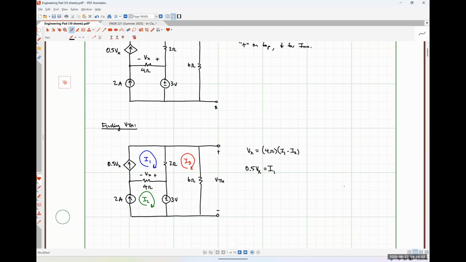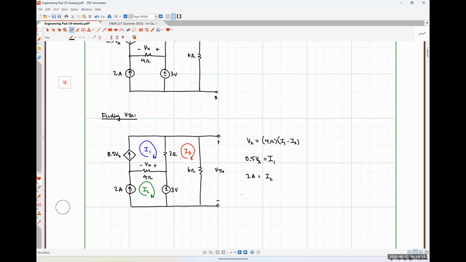Then I'll have 2 amps is equal to I2. And then lastly, I'll write a KVL equation around mesh 3. So that's going to look like negative 3 volts plus 2 ohms times I3 minus I1 plus 6 ohms times I3 is equal to 0.